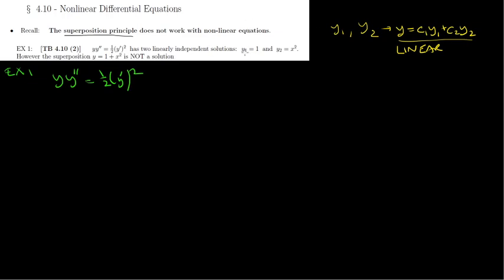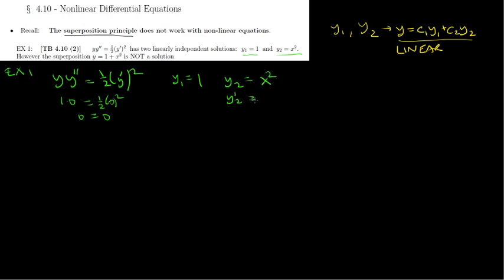And we are given the two solutions. y1 is equal to 1, right? So that's going to be a solution because, remember the derivatives are 0, 1 times 0 is equal to 1/2 times 0 squared. So 0 equals 0. So 1 clearly works. And then another solution is x squared.